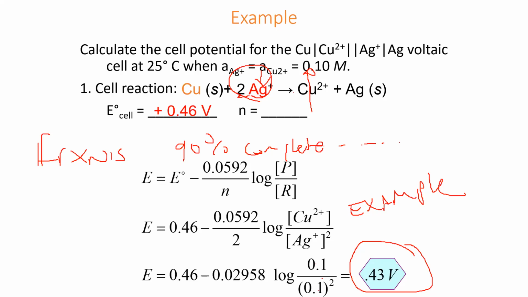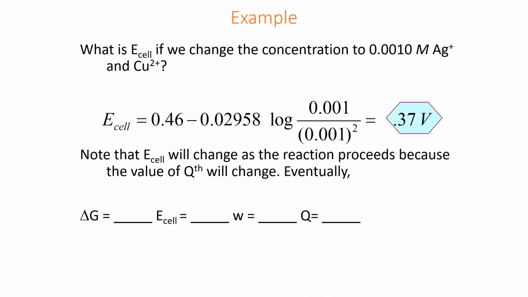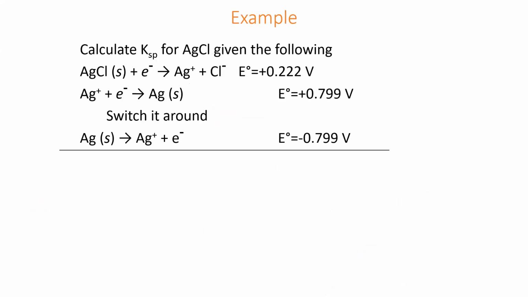Have a 1 over the Ag concentration squared, right? Don't forget your squared up here because this guy's got a 2. So, what its concentration is, and then treat them as the sum of two potentials. That's a good one. It's important to know.